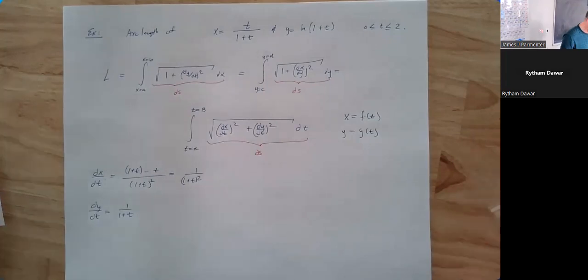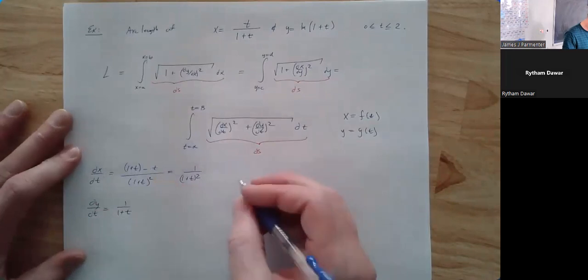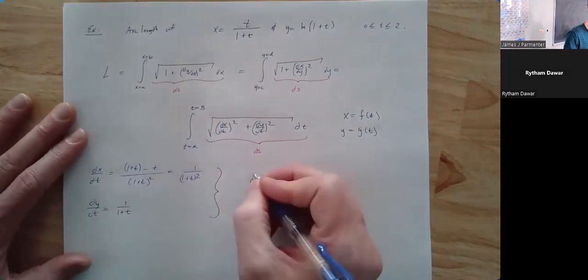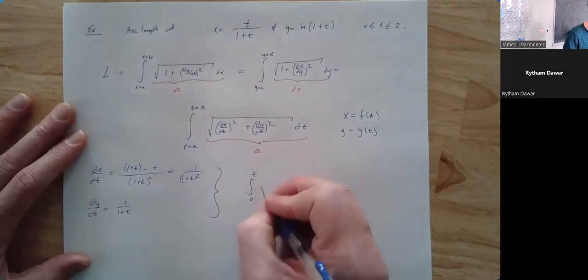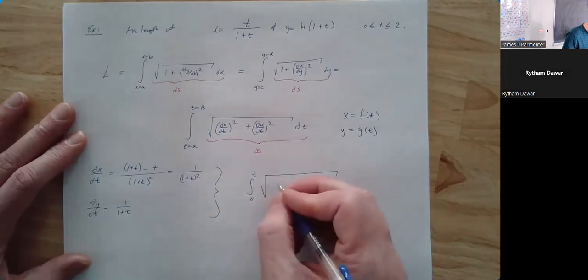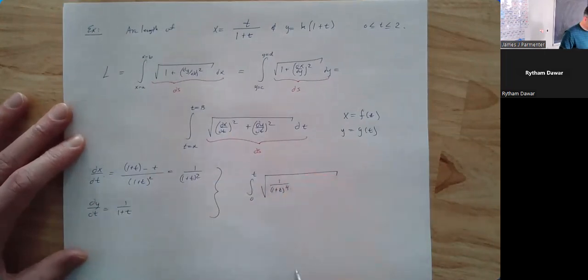Yeah, that seems weird. So then anyway, throwing this into my integral here, I'm going to have the integral from t equals 0 to t equals 2 of the square root of this squared. So 1 over 1 plus t to the fourth. And now I'm going to be smart about this.